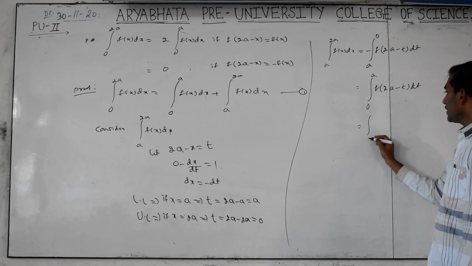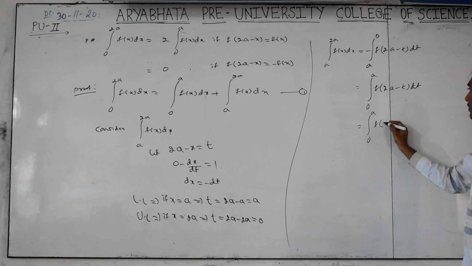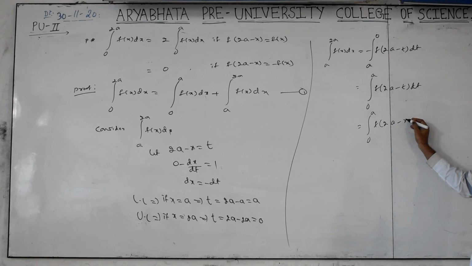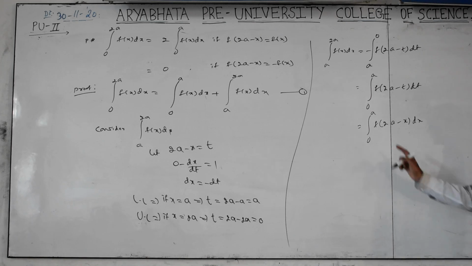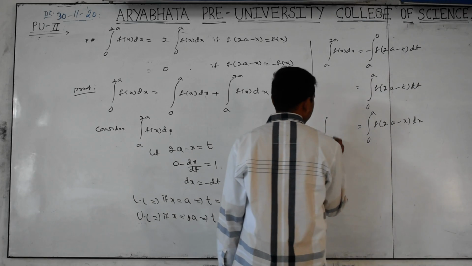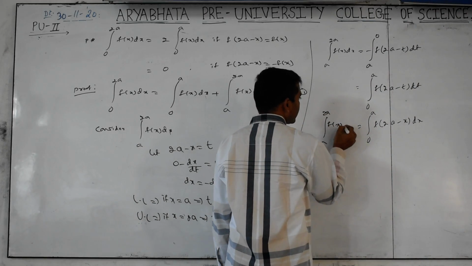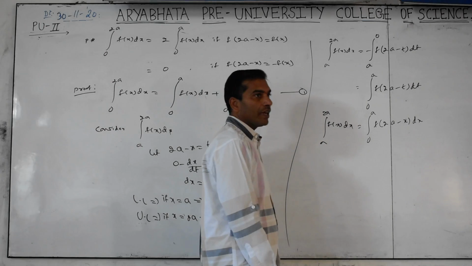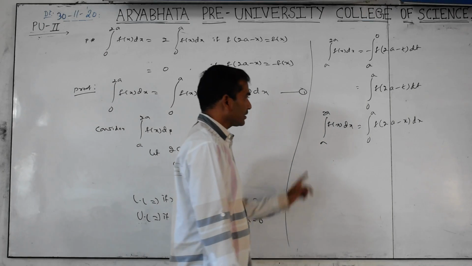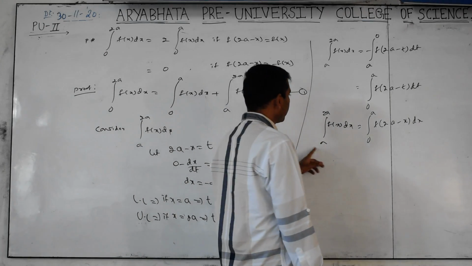By first property, change the variable: f of 2a minus x dx. When you change the variable, don't change the limits. Now integration of a to 2a f of x dx equal to 0 to a f of 2a minus x dx.